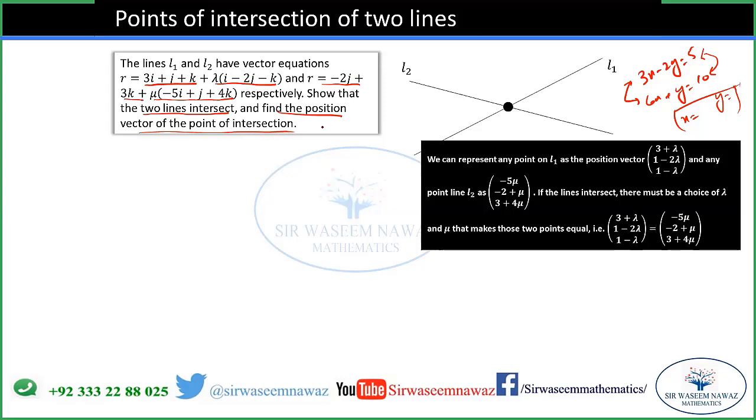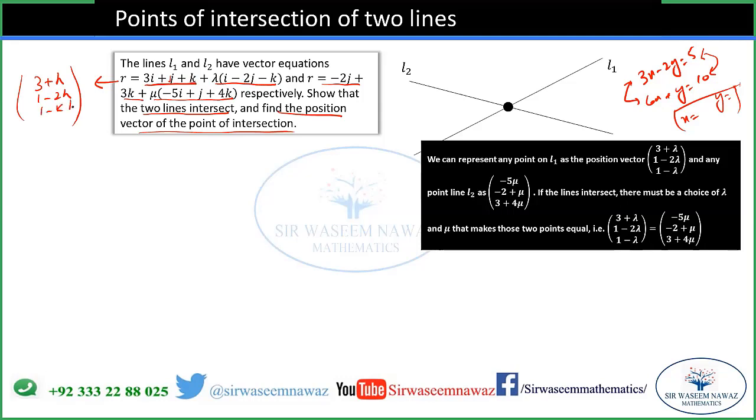Now, the very first thing, we have to show that these two lines intersect with each other. First point, as I told you earlier, whenever you have an equation, write it in column vector form. So that will be 3 plus lambda, then 1 minus 2 lambda, and 1 minus k lambda.